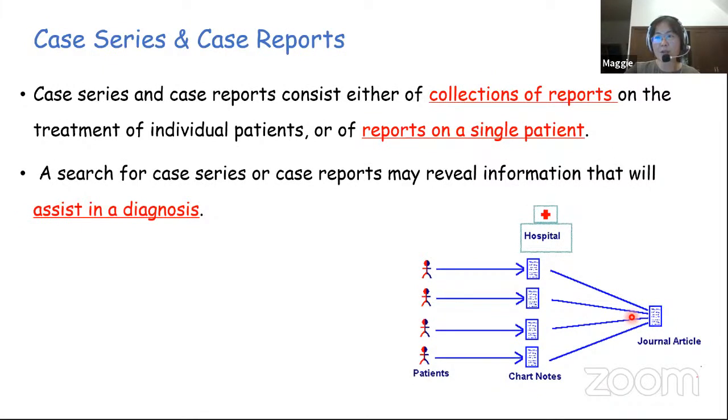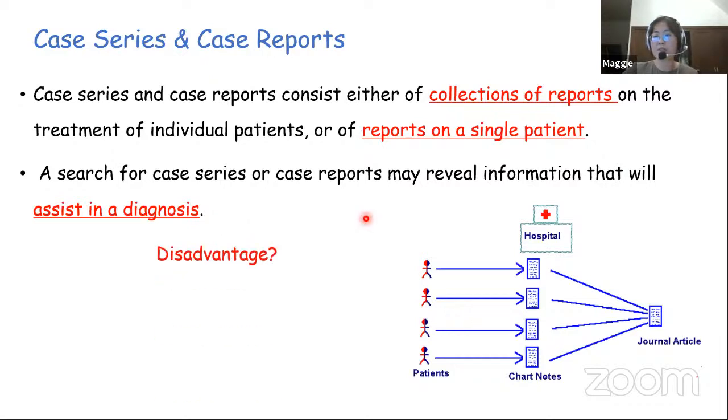A case series or case report may reveal information that will assist in a diagnosis. So when the doctors publish this data, it helps other people to diagnose the same disease. So the case series or case reports are very useful for the diagnosis.